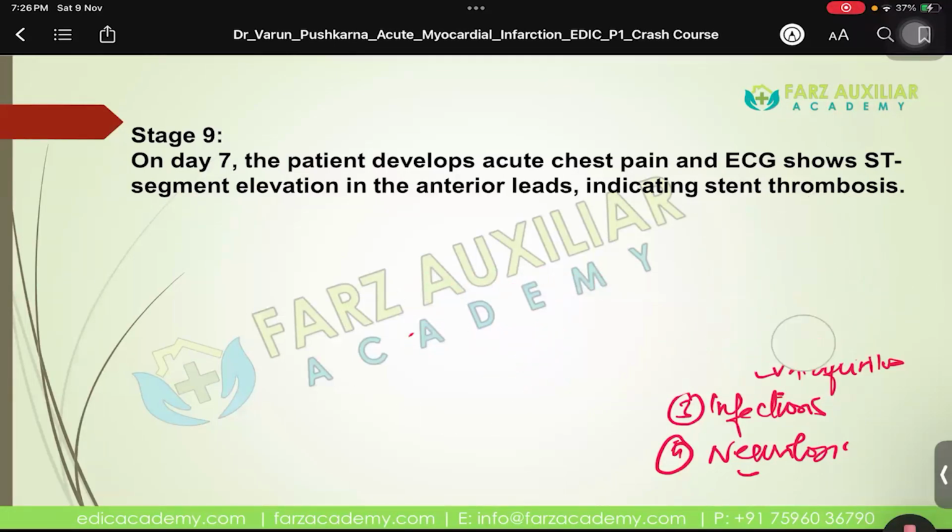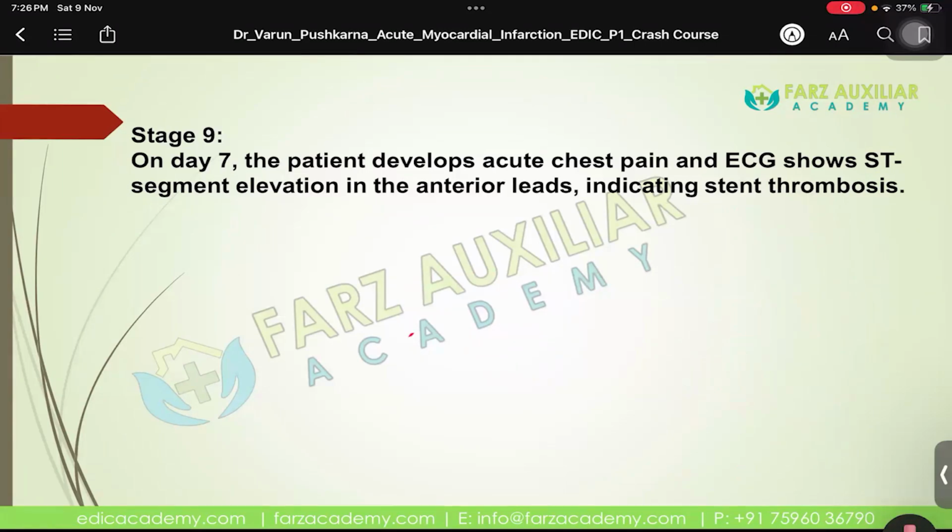Now tell me the complications for LVAD. We'll go for bleeding, thrombosis. The first option will always be bleeding plus thrombosis.